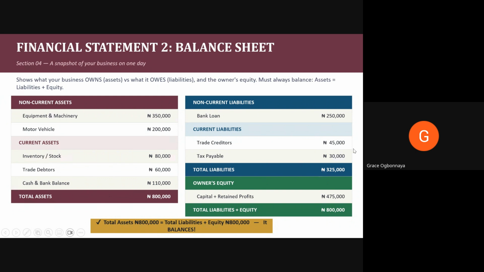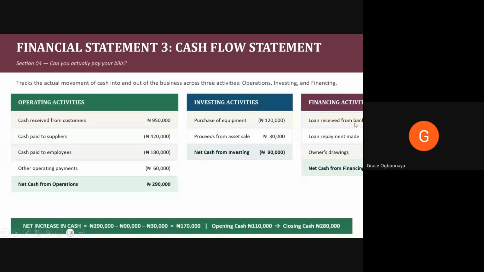So this is a snapshot of what a business owns and owes. Now we have the cash flow statement, where we see the actual movement of cash from different activities: operating activities, investing activities, financing activities. Of course, a business exists to make profit.